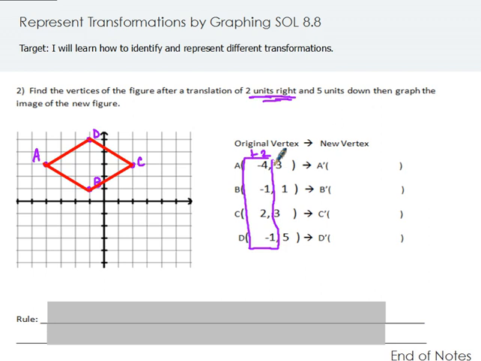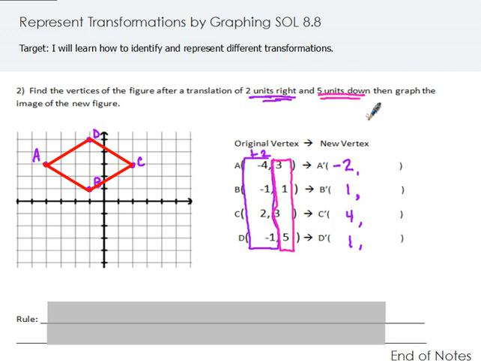that means I should simply have to add 2. So -4 plus 2, -2. -1 plus 2 is 1. 2 plus 2 is 4. -1 plus 2 is 1. Working on the y's, it says to translate 5 units down.